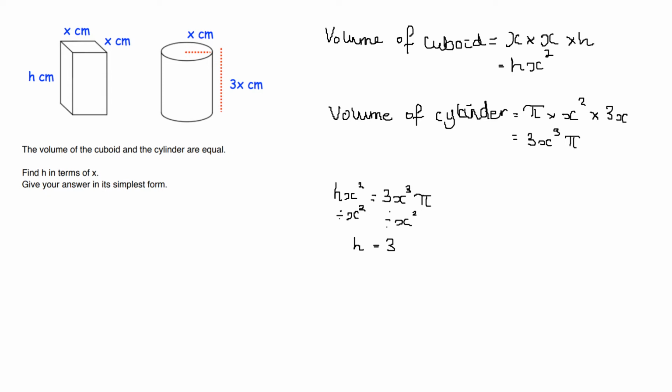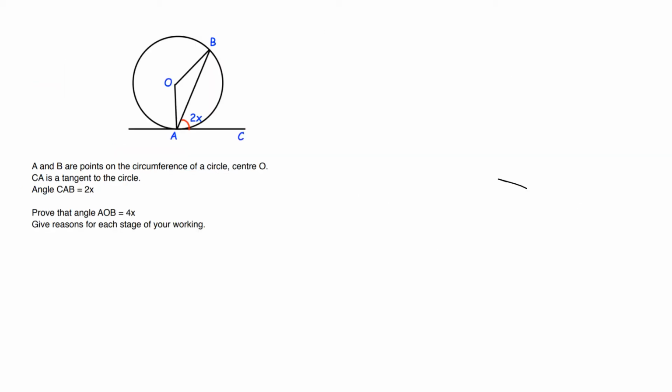So remember, when we divide, we subtract the indices. So I'm going to do x to the power of 3 take away 2. And that would give me x to the power of 1, which we just write as x. So that will give me h equals 3x pi. So that's h in terms of x.